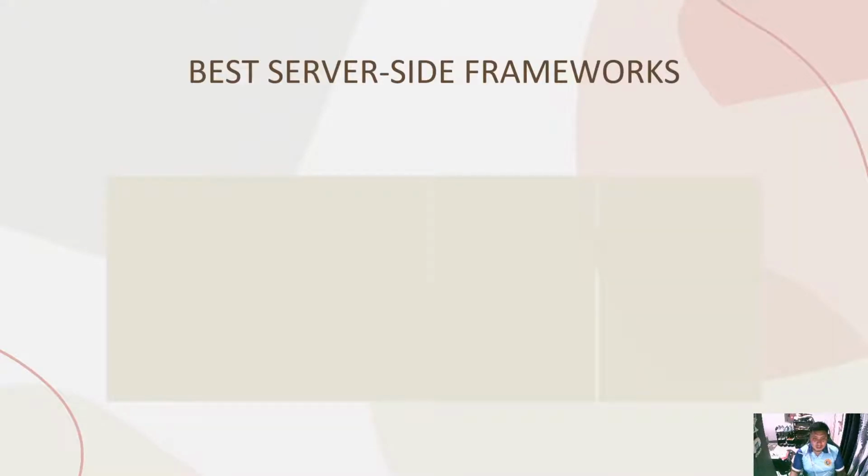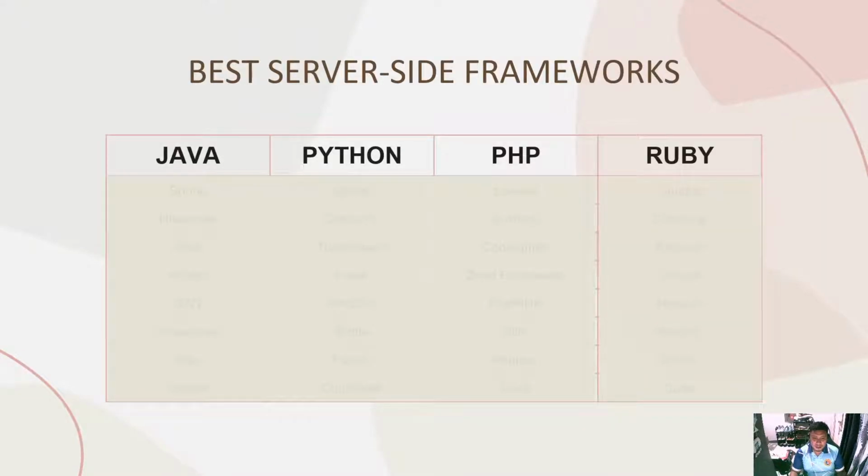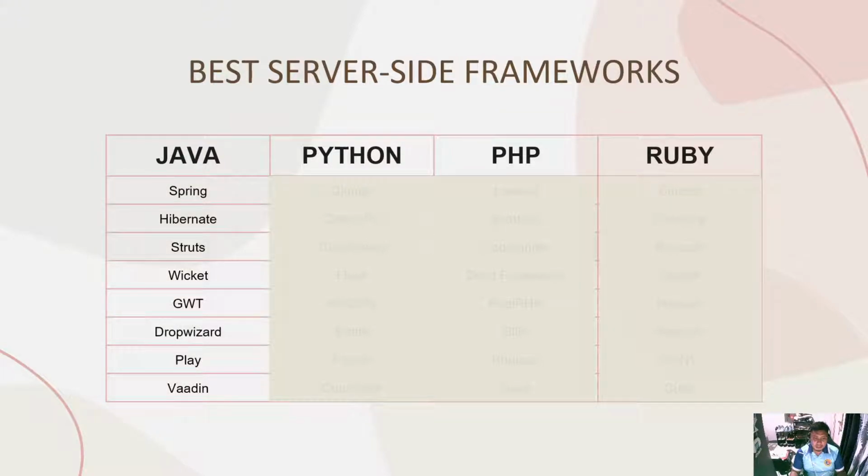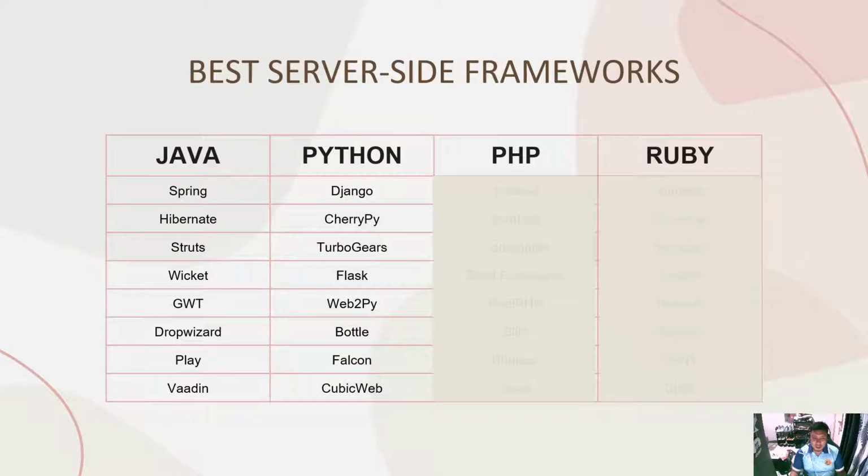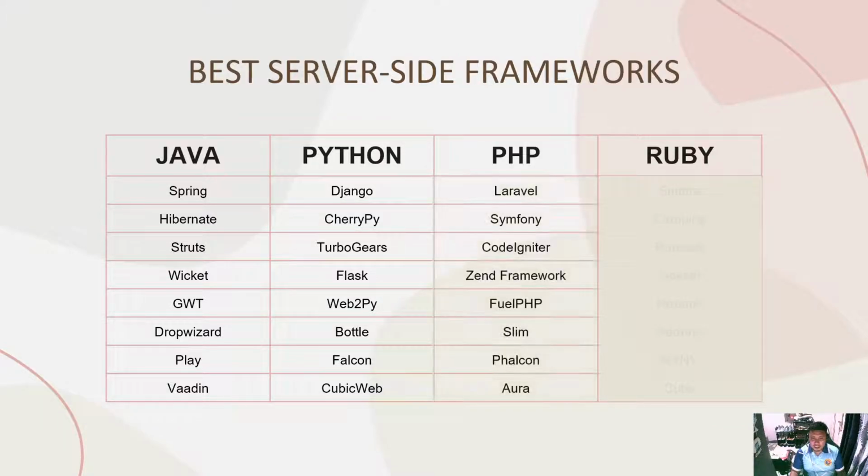Now the best server-side frameworks. Here I have the list. With Java, we have Spring, Hibernate, Struts, Wicket, GWT, Dropwizard, Play, and Vaadin. Python has Django, CherryPy, TurboGears, Flask, Web2py, Bottle, Falcon, and CubicWeb. And PHP has Laravel, Symfony, CodeIgniter, Zend Framework, Fuel, PHP Slim, Phalcon, and Aura.